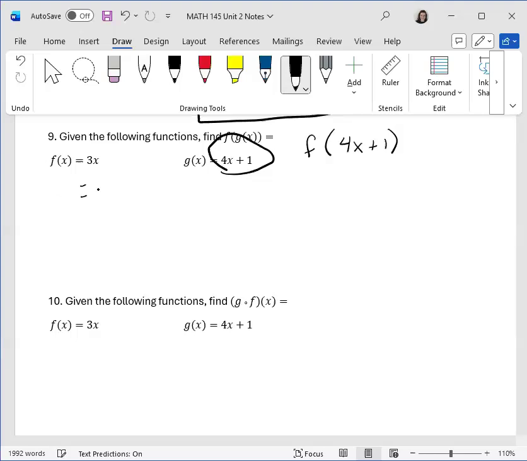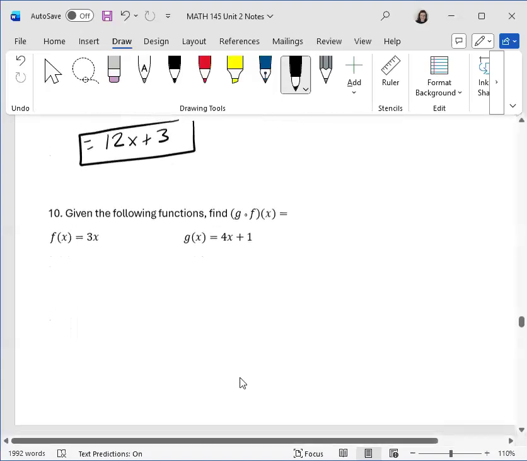So that would say 3 times the value of the input, which again, we're substituting 4x plus 1 as the input. Distributing that, I would have 12x plus 3. So that expression represents the composition of those functions.